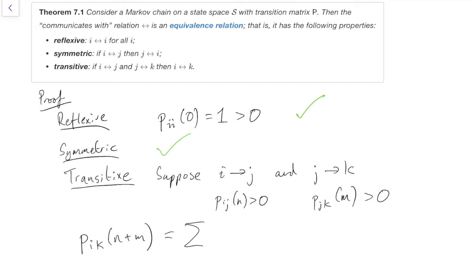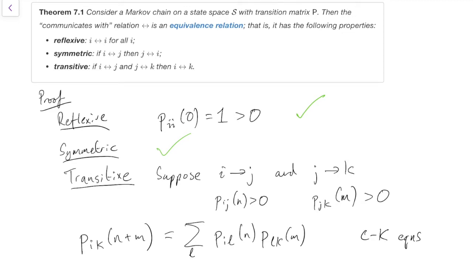But they said that a route from i to k of length n plus m is a route from i to somewhere, we're already using the letter j, so let's say l, i to l in n steps plus l to k in m steps, and that is summed over all l. That was the Chapman-Kolmogorov equations, which I'm abbreviating to CK there, from section 5.